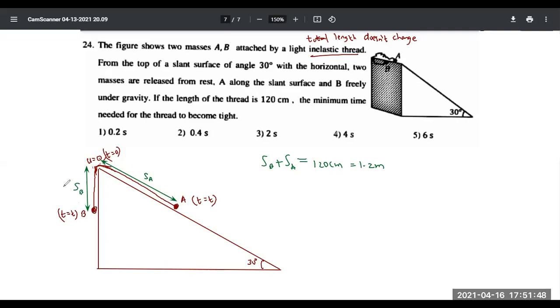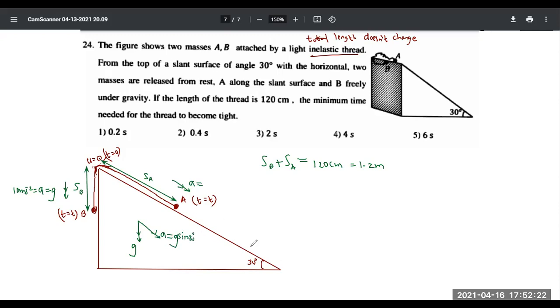For B, acceleration is gravitational acceleration, just g, easy. That will be 10 m/s squared because it's falling down freely. But A is moving along the slant surface like this. We have learned when something slides downwards along a slant surface, the acceleration of A is given by what? Now we have g like this. So the acceleration component of that along the inclined plane is going to be g sin 30.